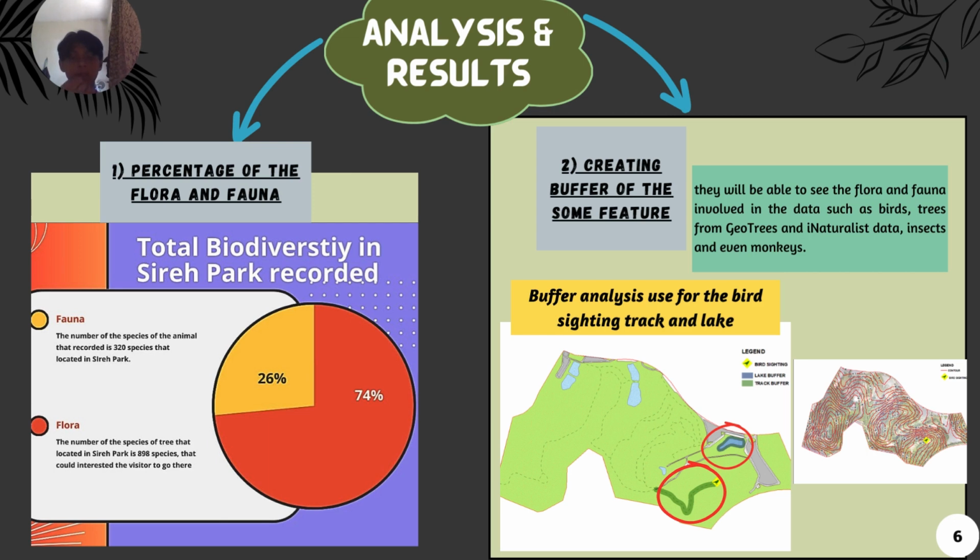For example, in this method we use 10 meters, so the visitor will be able to see the Geotree trees, or even fauna species like insects and so on.